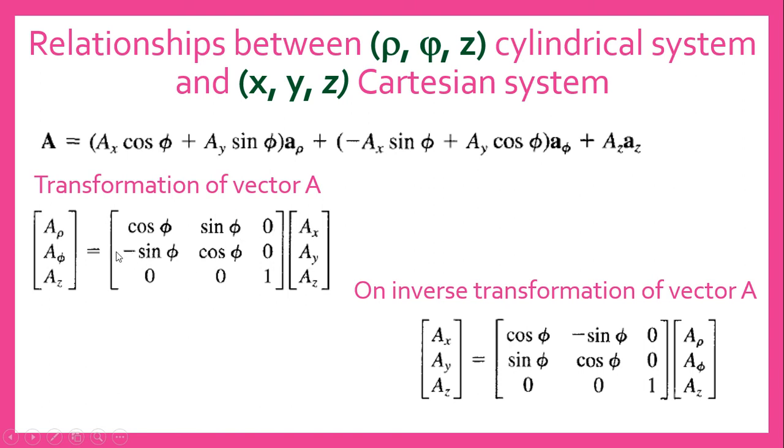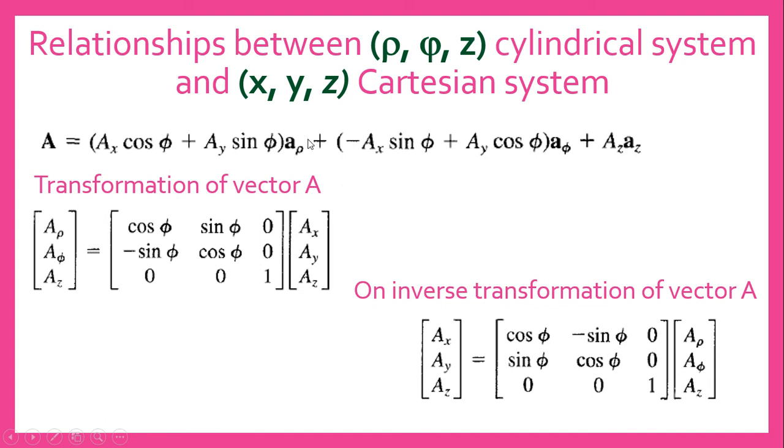You can easily find this from the vector equation. Here, if you multiply Ax into cos phi, are you getting this one? Ay into sin phi, are you getting this one? Plus 0.